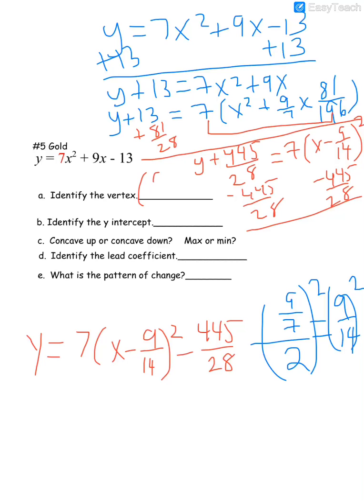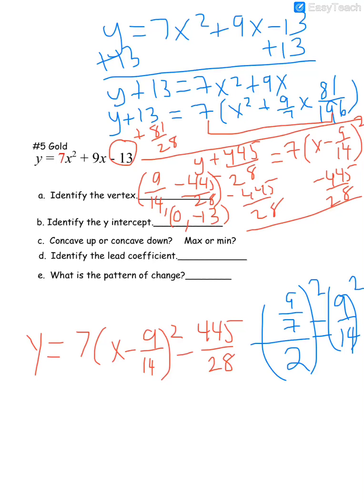Okay, who's my vertex? Inside lies, so it's positive 9/14. Outside tells the truth, so that's negative 445/28. Identify the y-intercept, which is here, 0, negative 13.